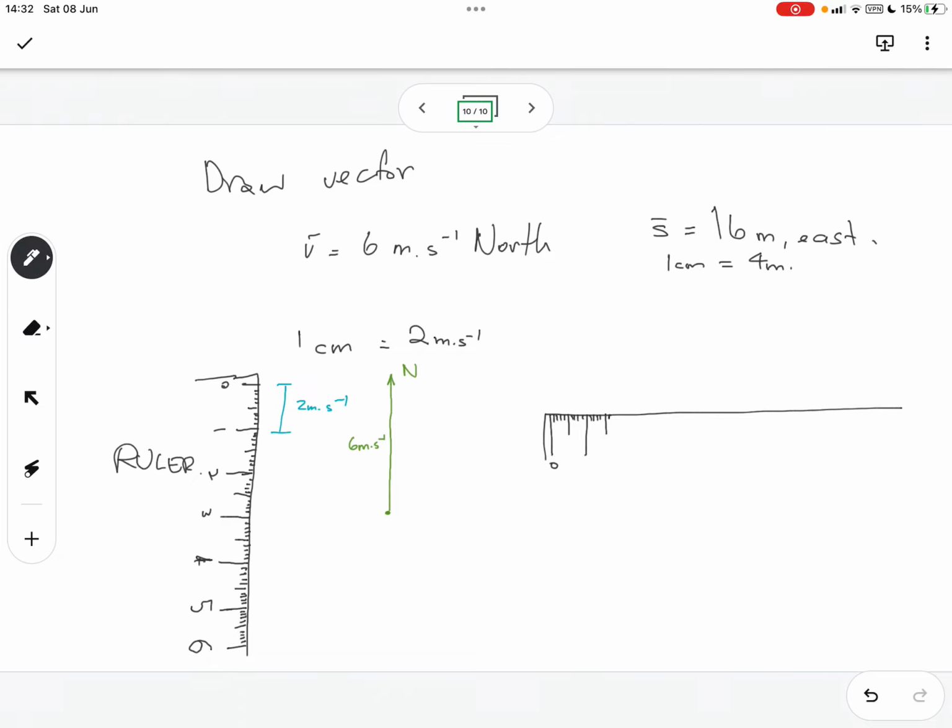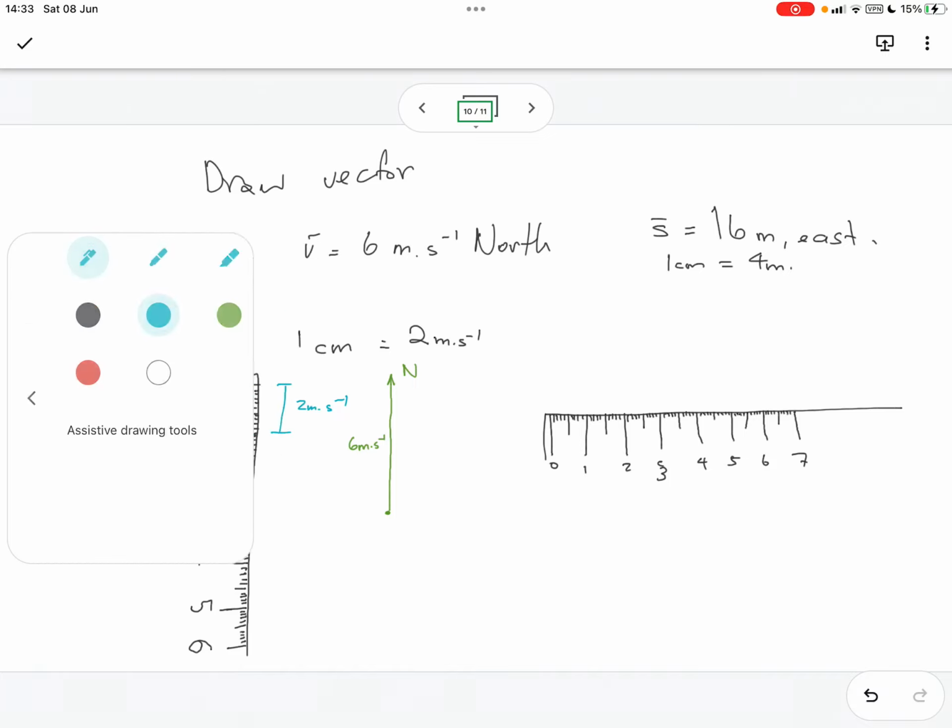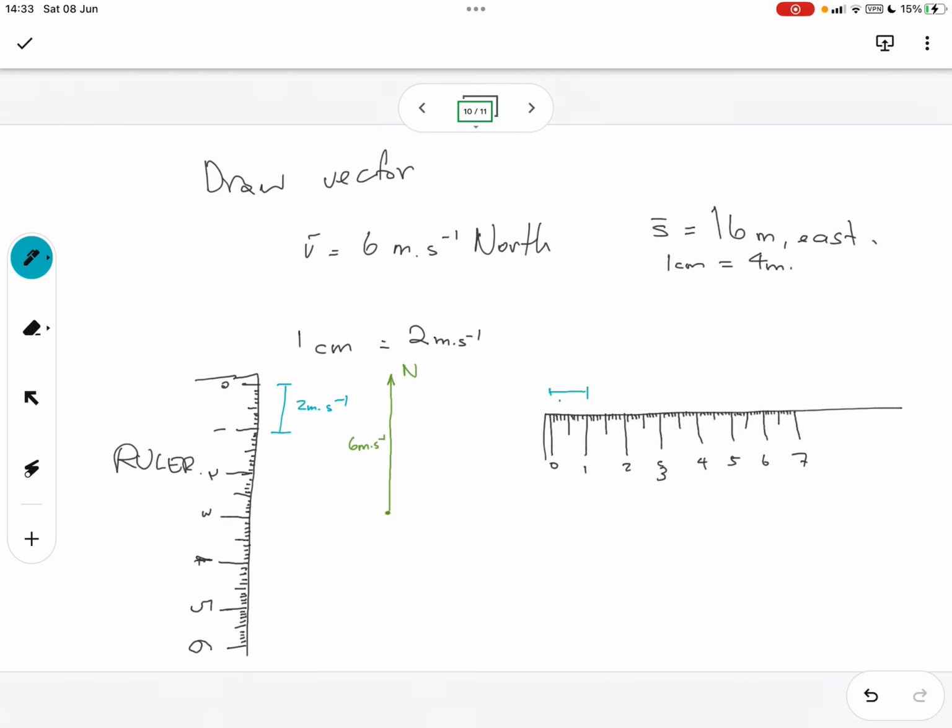So again, we've got a ruler. 0, 1, 2, 3, 4, 5, 6, 7, 8, 9, 10.